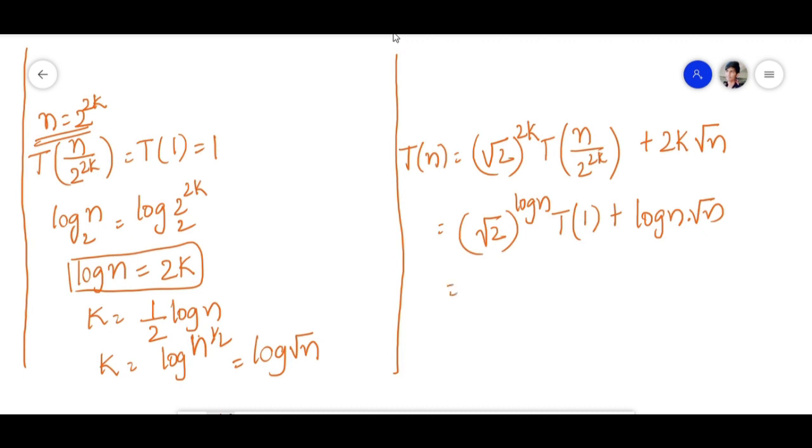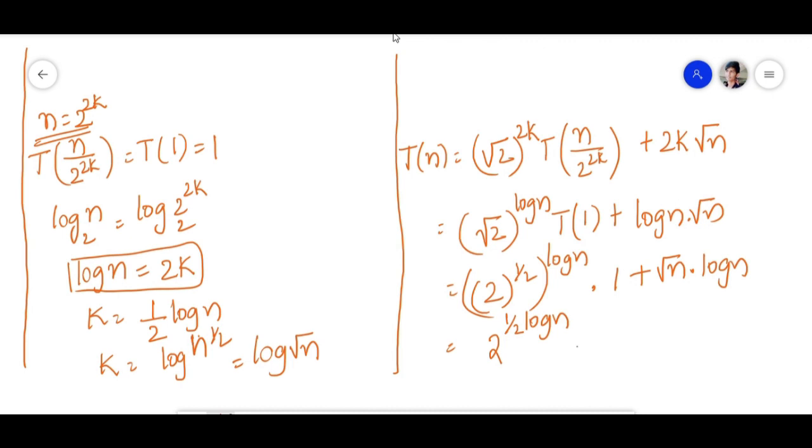We can write root 2 power log n as 2 power 1 by 2 whole power log n into T of 1, which is 1, plus root n into log n. We can write this as 2 power 1 by 2 log n into 1 plus root n into log n.